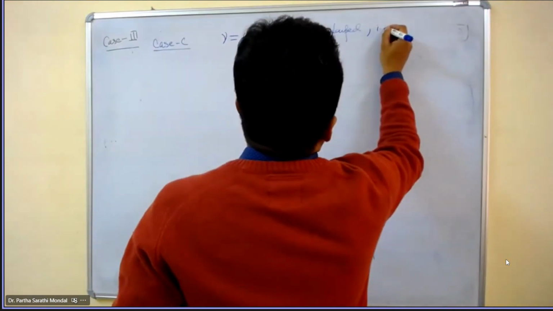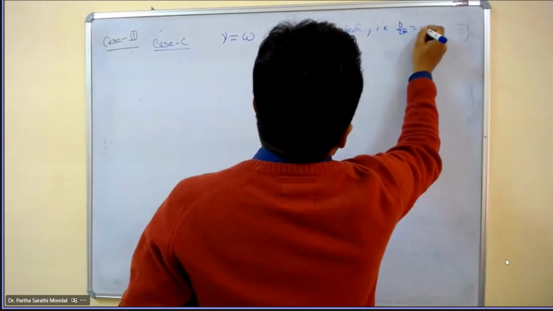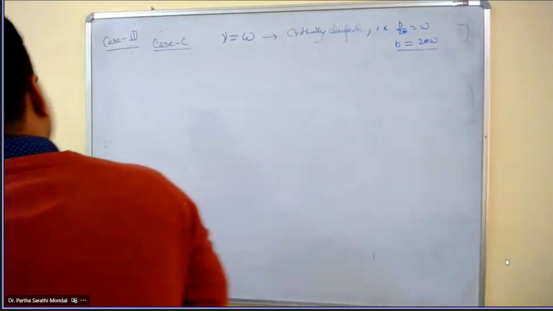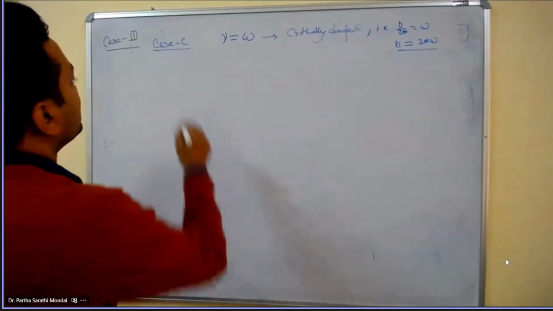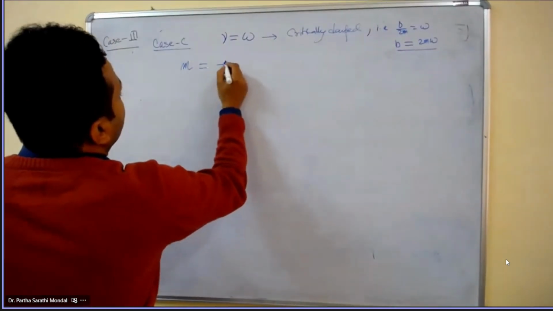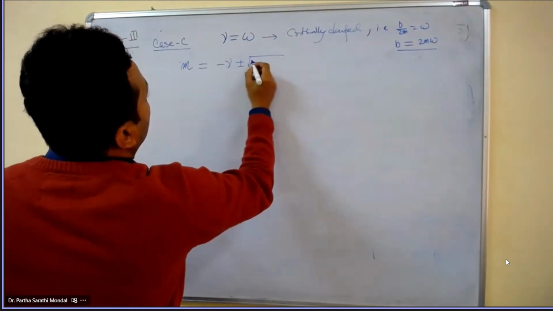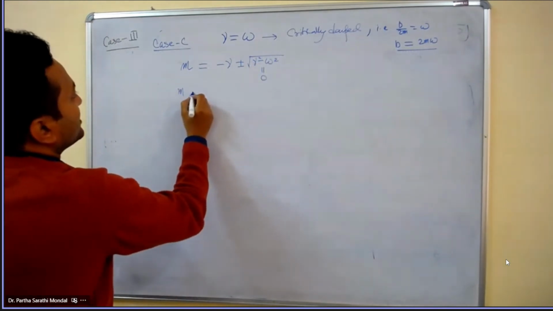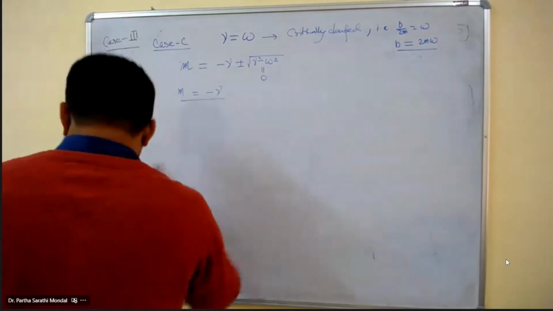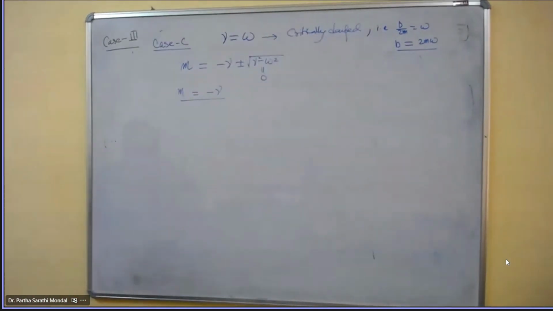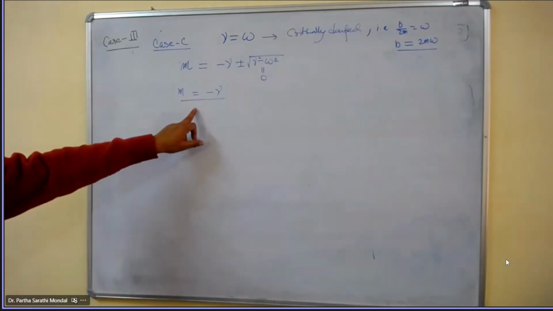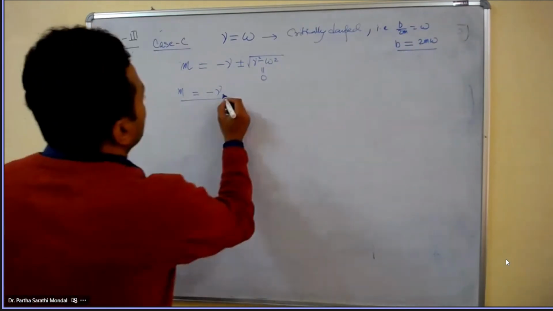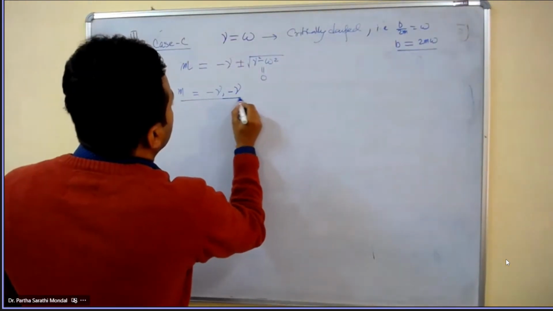That means b by 2m equal to omega, then b is exactly equal to 2m omega. It's very interesting because n equals minus gamma plus minus root over gamma square minus omega square. So this part will become 0, that means n equals minus gamma. Okay, so now the problem is you have one solution of the characteristic equation instead of two. So that means we have to make it two, जबरदस्ती आपको करना पड़ेगा.